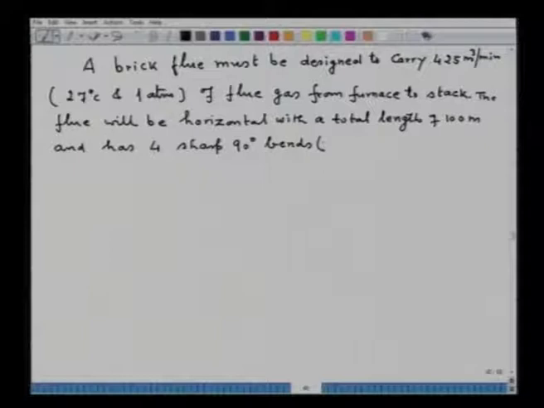Here L by DE for each bend is equal to 20.